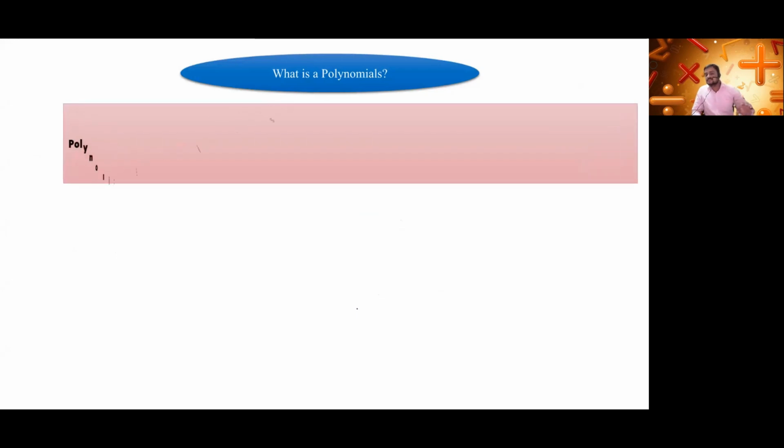Now what is a polynomial? Polynomial is a Greek word. It is made up of two words: poly means many and nomial means terms. So in general, a polynomial is an equation which has many terms.